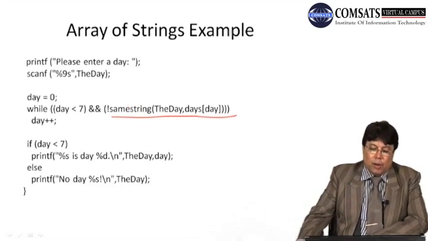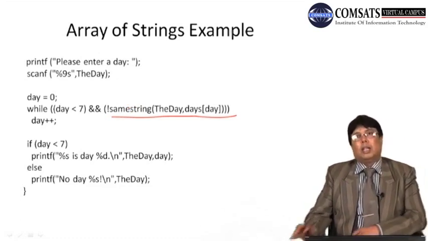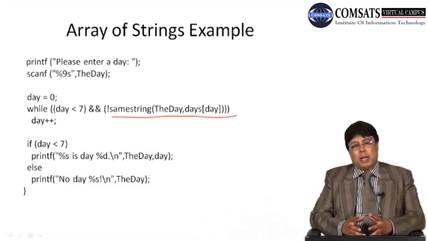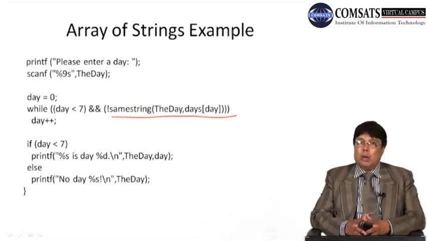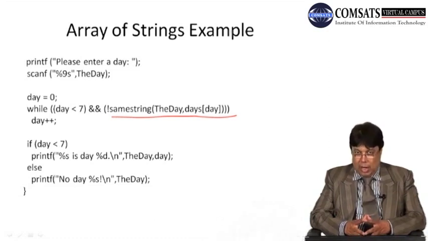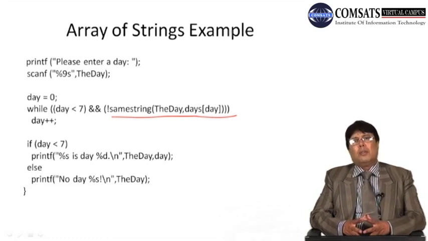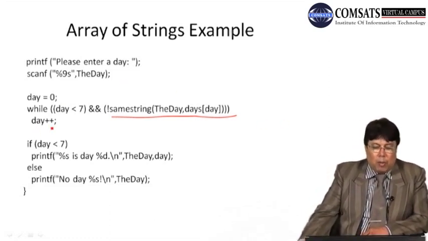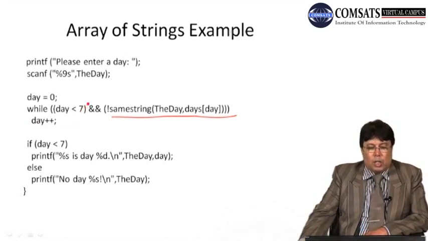Rather we are using a function that we will define by ourselves. Just to show you it's not difficult, you can define this function by yourself. So just keep on comparing so that you can tell which day it corresponds to.